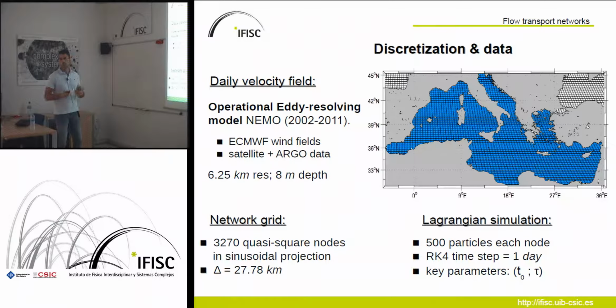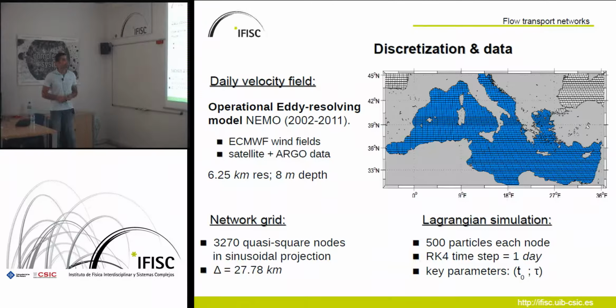So it gives a quite good description of the reality. And we selected a layer of 8-meter depth, just below the surface, to do all the simulation, all the numerical experiments.